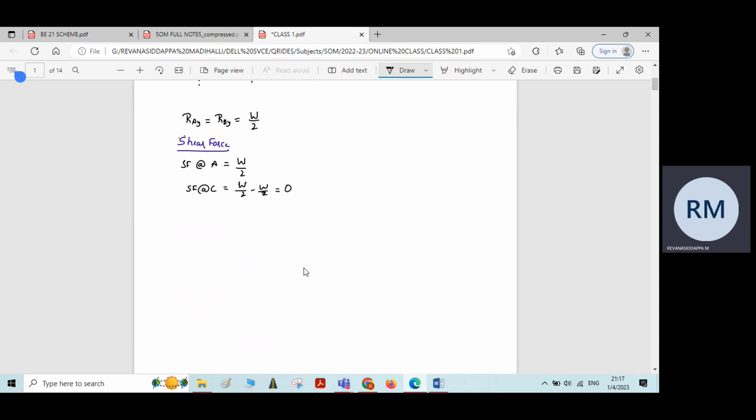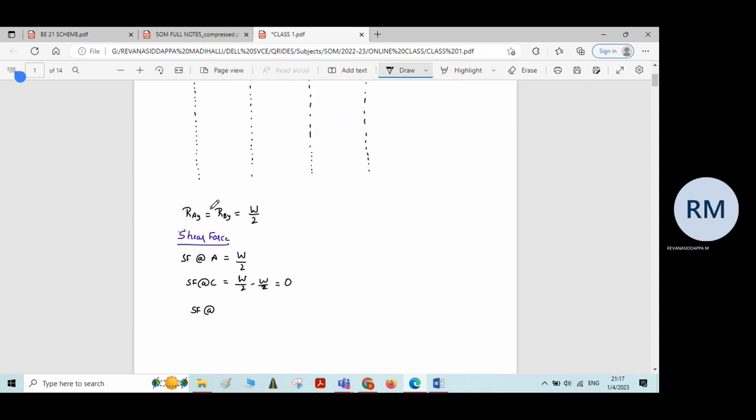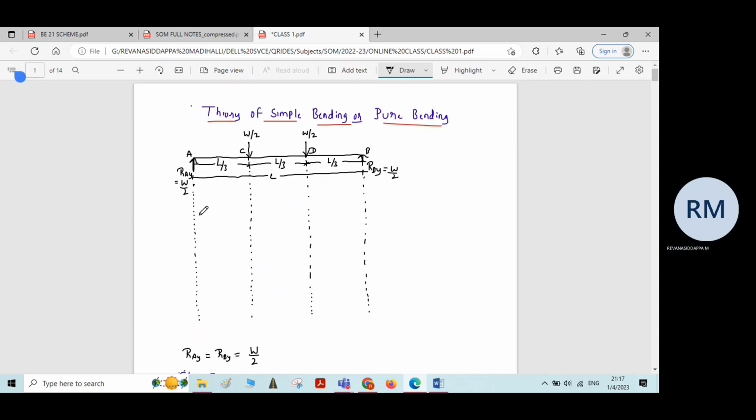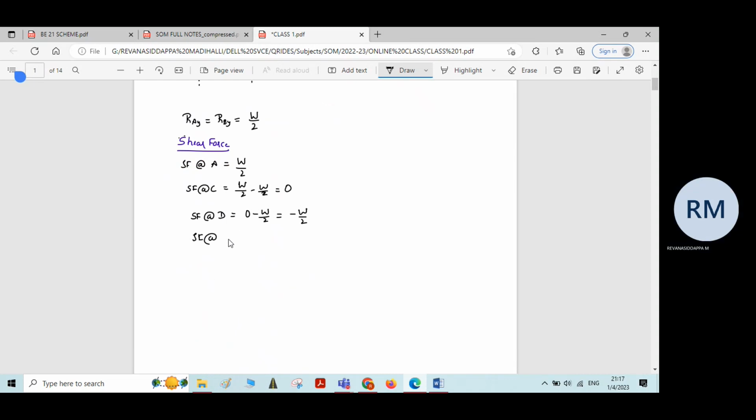Similarly, shear force at D will be equal to 0 minus W by 2. Means previous value 0 minus W by 2. So we'll get minus W by 2. And shear force at the last point, shear force at B is also W by 2, means minus W by 2 minus W by 2.